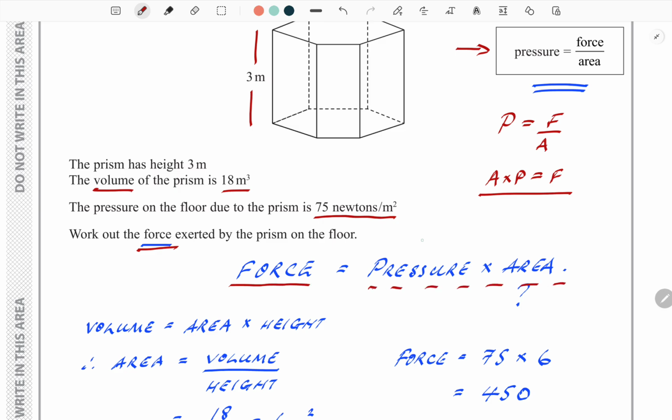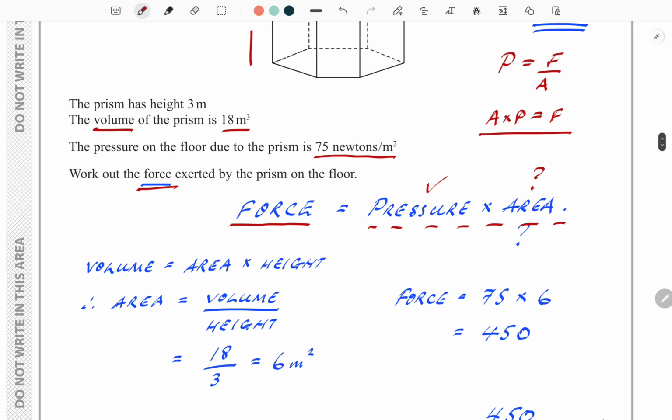We know the pressure. They've given us the pressure, but we don't know the area. So we're going to have to work out the area of the base of the prism before we can do the calculations. Now, for a prism, the volume, and this is a formula that you're supposed to know, equals the area of the end face times the height or length, whichever the case is.